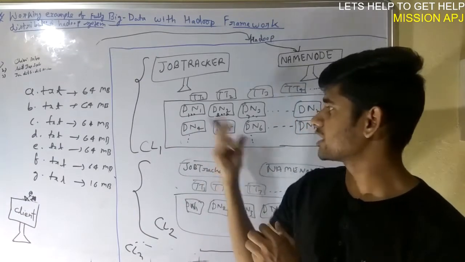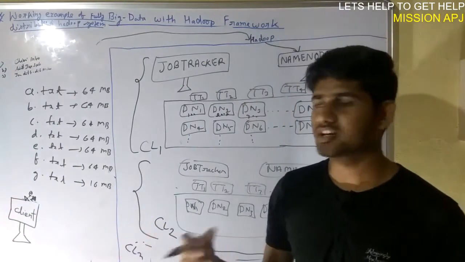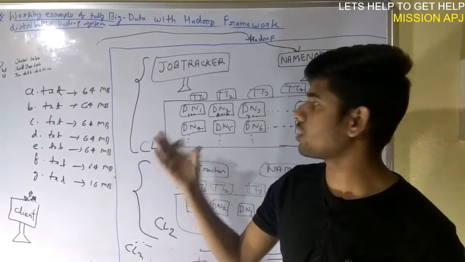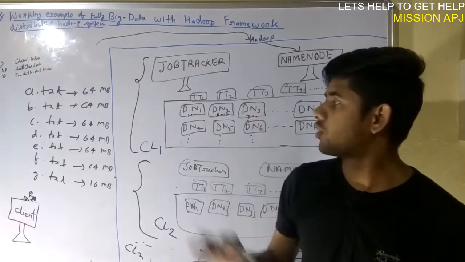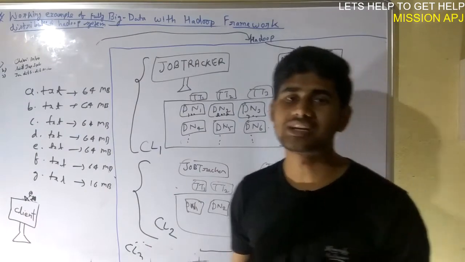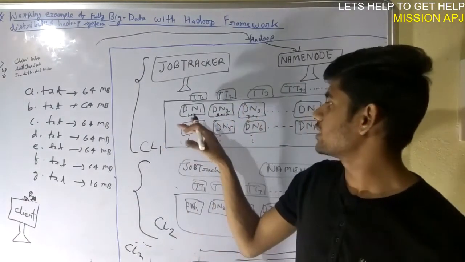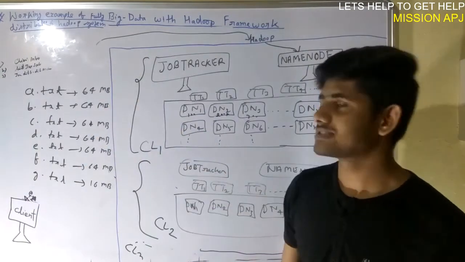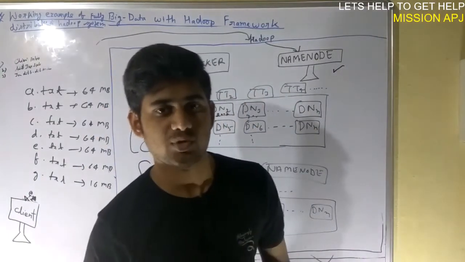Partial work will be done on different data nodes, and it will be done speedily. If we put all 400 MB of data in a single data node, then only one process will be working and it will take lots of time. So instead, we store different files in different data nodes. This makes parallel processing.